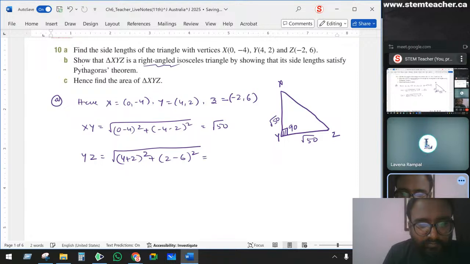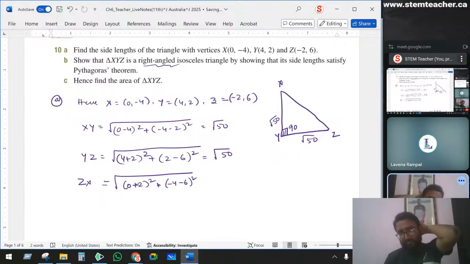It is also the same thing, 36 plus 16, root 50. And ZX, or XZ, is 0 minus of minus 2, 0 plus 2 whole square, and minus 4 minus 6 whole square.